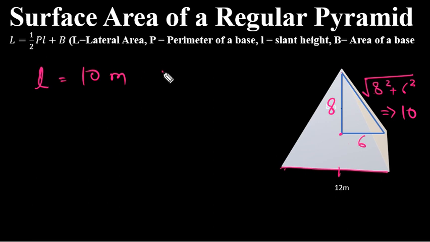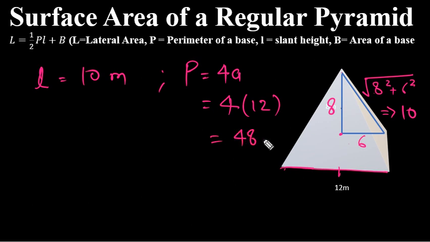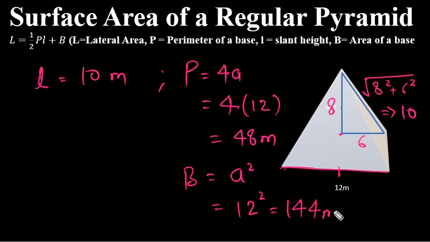Now this is very simple. Perimeter is 4 times A. One side is 12, so 4 times 12 is 48 meters. Now the area is A squared, and that will be 12 squared, which gives you 144 meters squared.